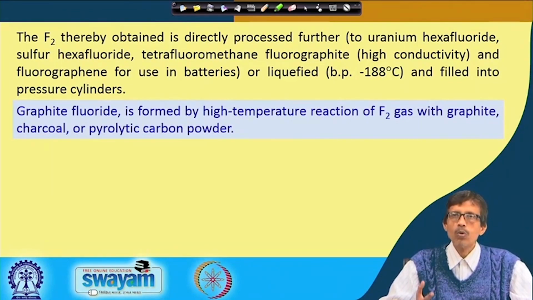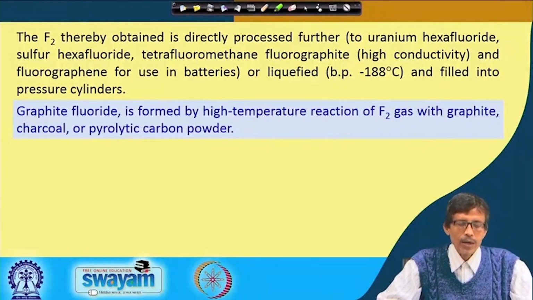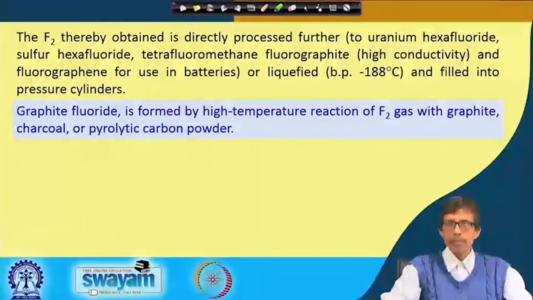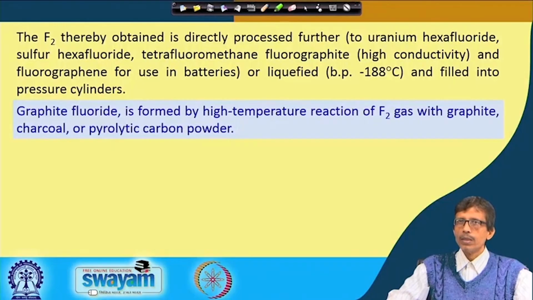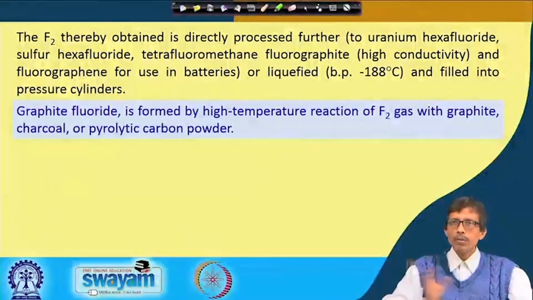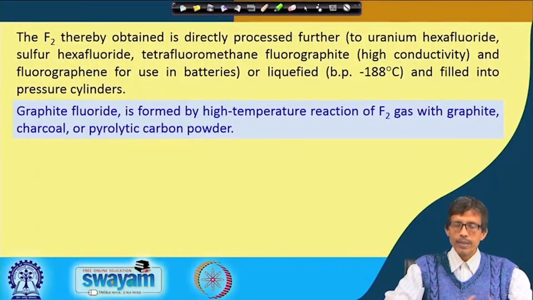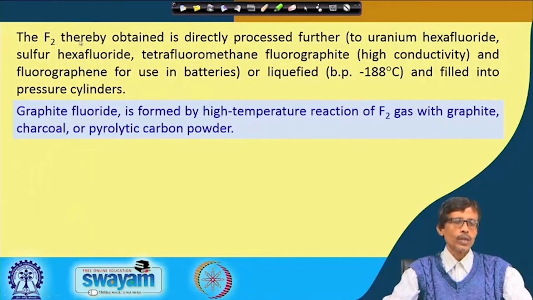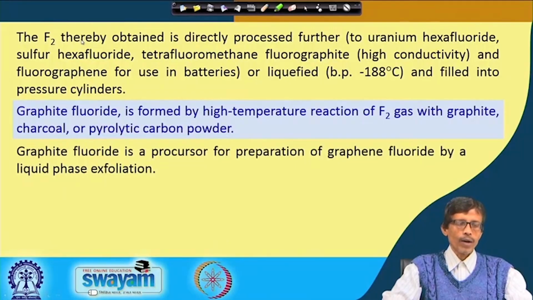Charcoal is a good carbon source, as is pyrolytic carbon powder. In our country, a large number of companies are making carbon powders, carbon black and all these things. It is a very cheap thing that we put in our cycle tires, our car tires and all these things for increasing the thermal conductivity. So, those materials can also be utilized for the fluorination, and you get the corresponding graphite fluoride or fluorographite.